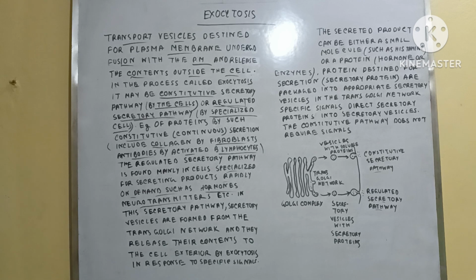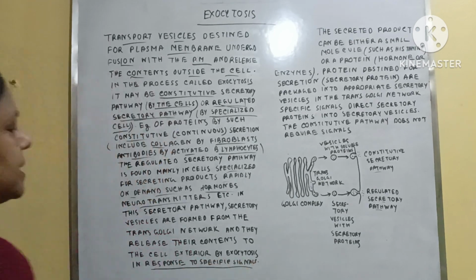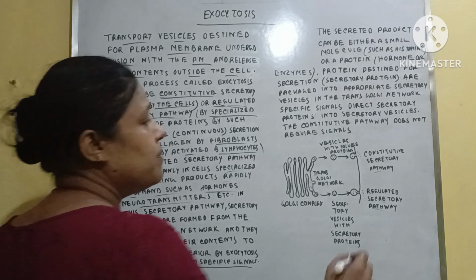In response to specific signals, this is very important. When a signal is needed for any secretion, then it is under the regulated pathway. And when signals are not necessary, meaning the secretion occurs continuously, then it is called the constitutive pathway.